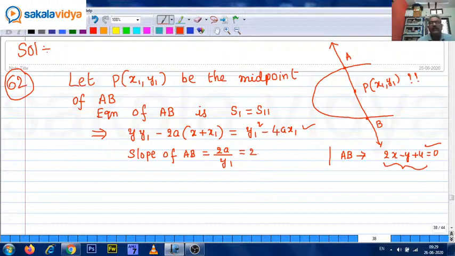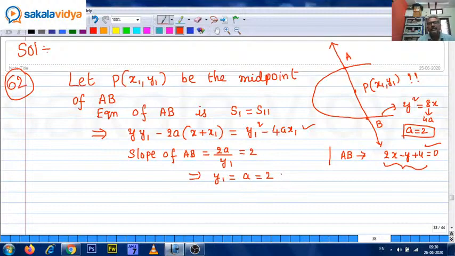But what is the actual equation of this curve? y square is equal to 8x. That means this is 4a, so a will be 2. That means the 2 gets cancelled. We have y coordinate y1 equals a, equal to 2.